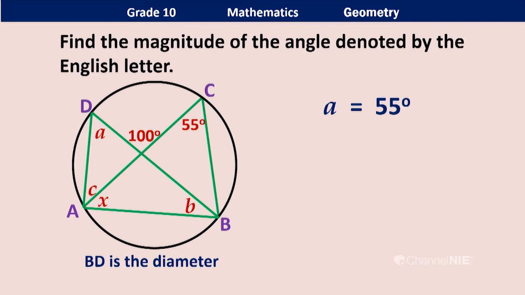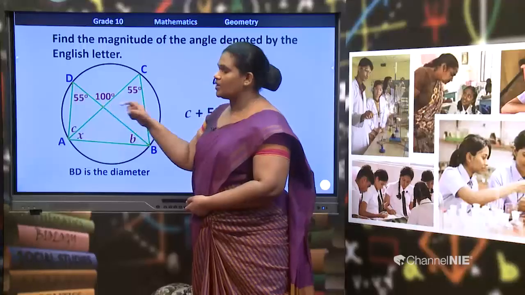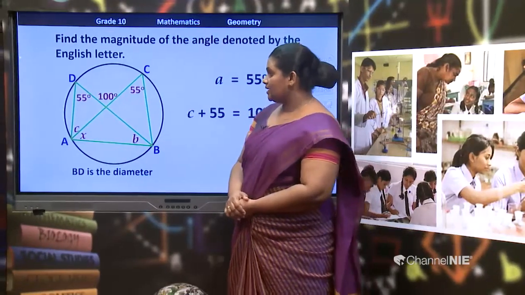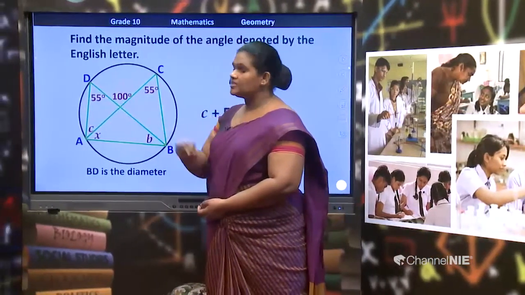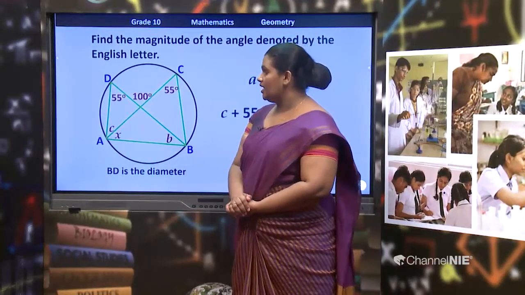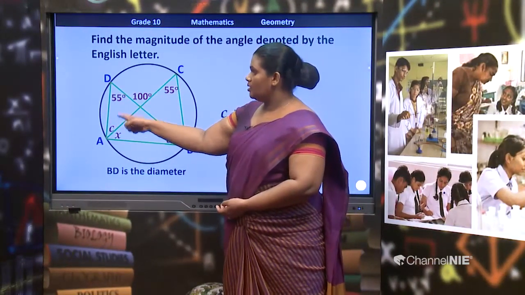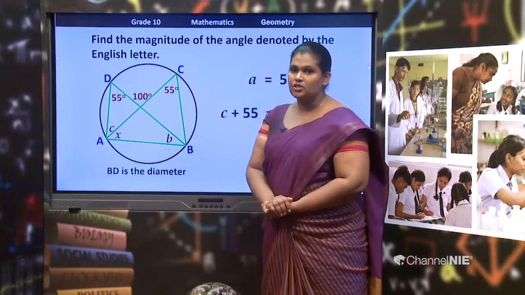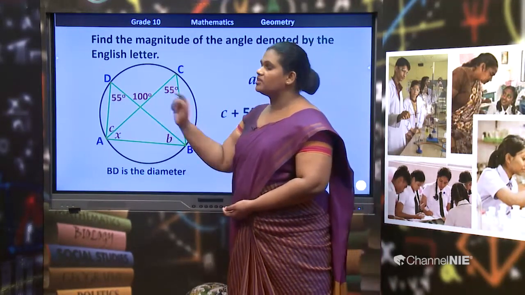We will take another one. Next, we will find the magnitude of C. Here, when we consider this triangle, this angle is 100 degrees. Therefore, we can say C plus 55 degrees should be equal to 100 degrees.